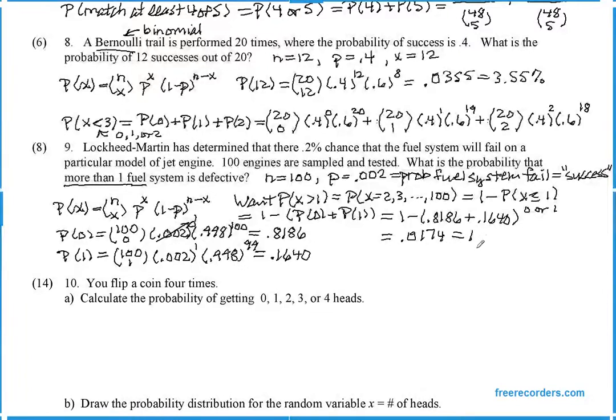Which is a 1.74% chance. So just remember here that when you get a probability to evaluate and it involves lots of possibilities for the variable, you probably want to look at the complement.